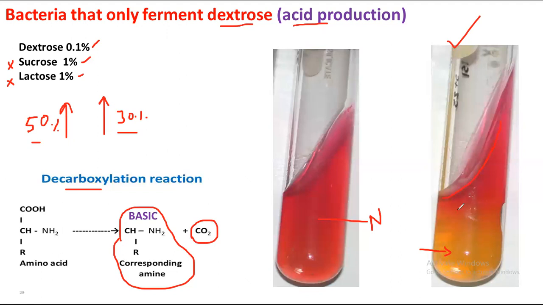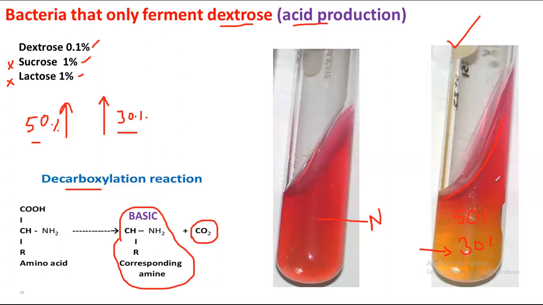So if I tell you that 50% is acid and 30% is base, they both neutralize each other, although the concentration of acid is 20% higher. That's why it produces a pale yellow color, and this portion is now much paler.